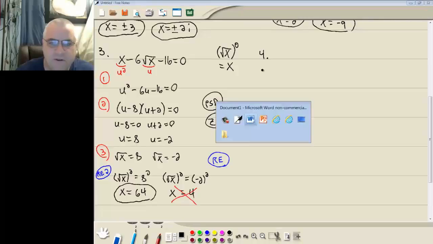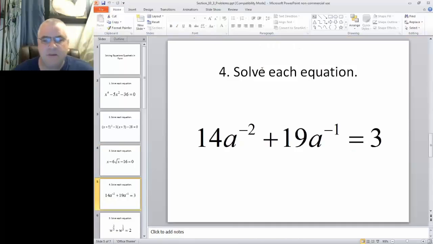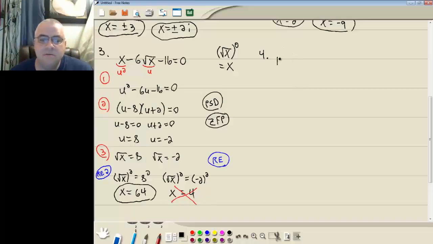Let's look at our fourth example. Got 14a to the negative 2 plus 19a to the negative 1 equals 3. Now, this one has a little bit of a twist to it.